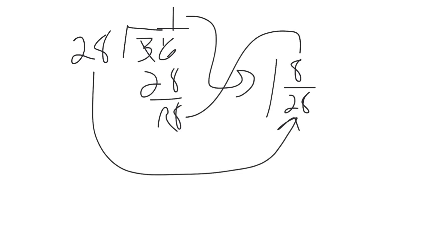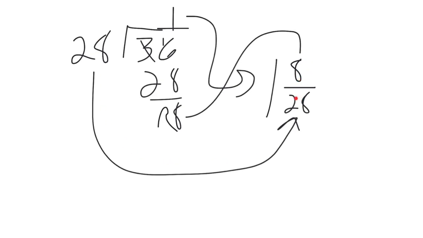So again, let me just review that. When you're dividing an improper fraction to convert to a mixed number, the whole number becomes the whole number of the fraction. The remainder becomes the numerator or the top number, and the denominator does not change.